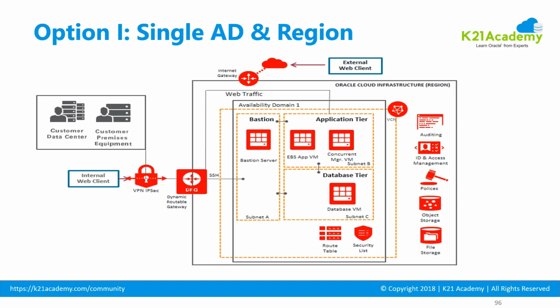Like for Canada, as of 2019, there is only 1 availability domain in a region. So you are in a country that has only 1 availability domain, and the regulations or data compliance enforce you that you can only be in that specific region with this availability domain. Then only option you have is with this kind of approach.